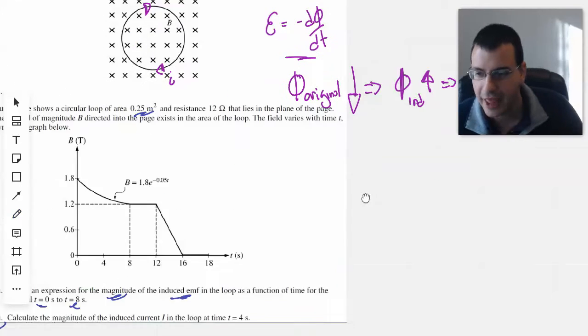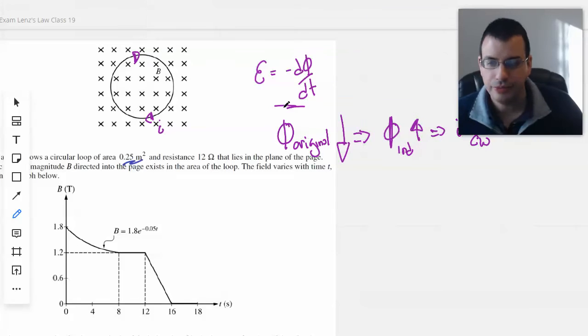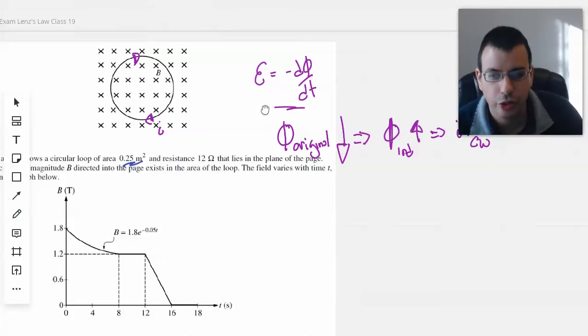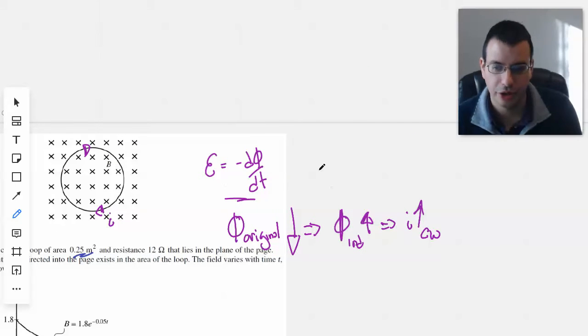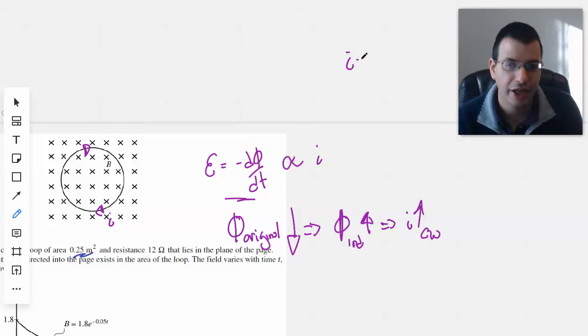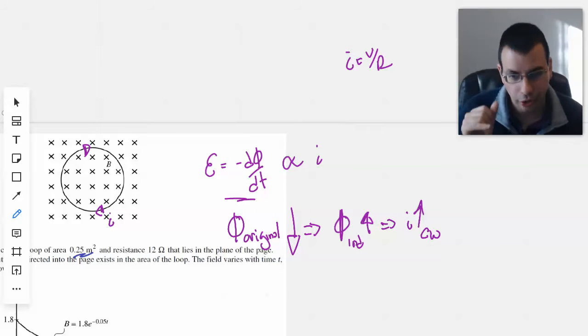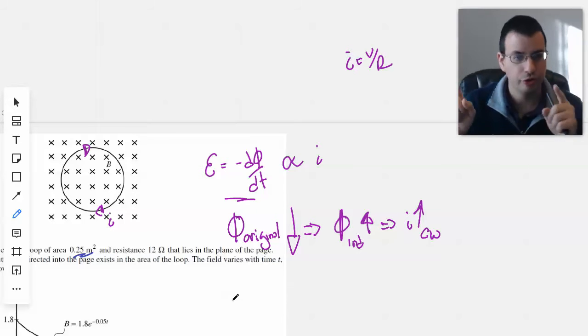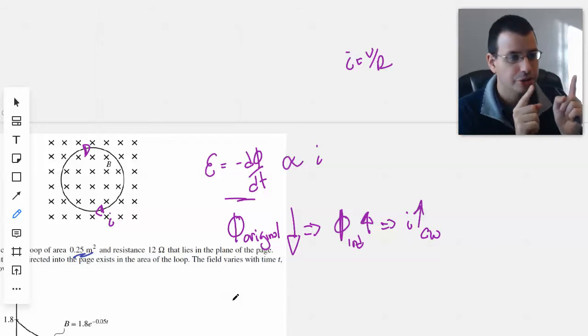Okay? And the current will be proportional. I'll do a little proportional sign. It will be proportional to current. So I equals V over R. R is a constant. So the induced EMF will be proportional to the current.